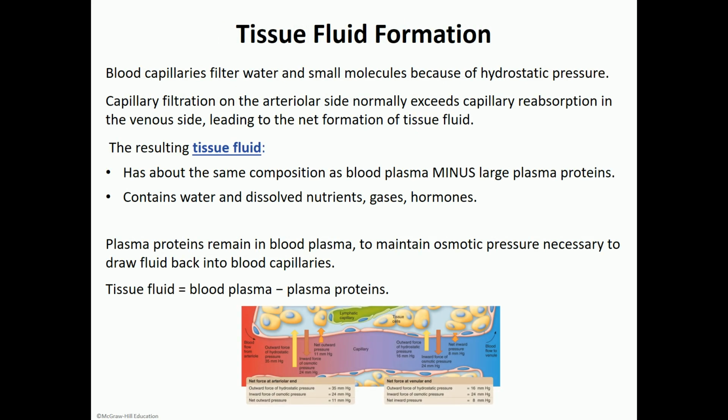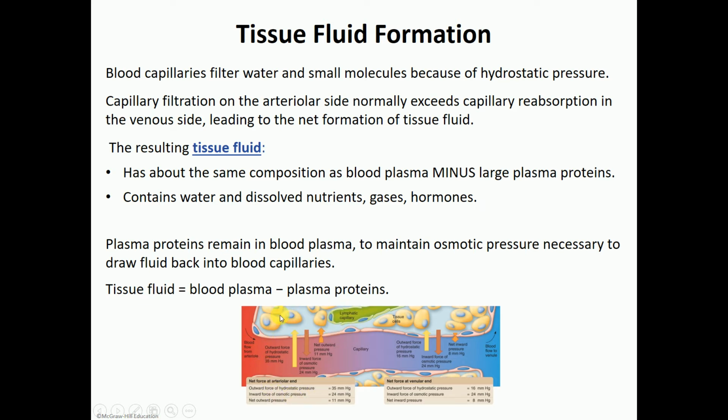So just a quick review on how we make tissue fluid. Remember this image from chapter 15, where you have the blood flowing through the capillary from the arterial end towards the venous end. These are your cells with the interstitial spaces, and that is the lymphatic capillary.